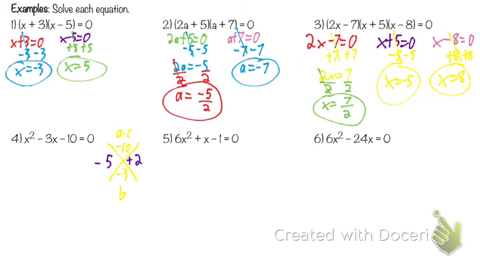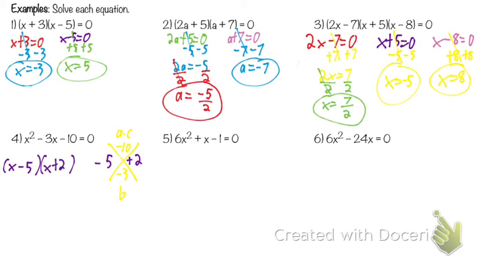Now, we can do the shortcut, like I said. So how do I write the shortcut for my parentheses? Just x. X minus 5 and x plus 2.